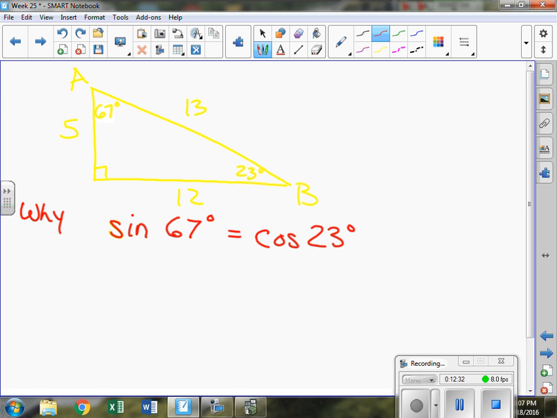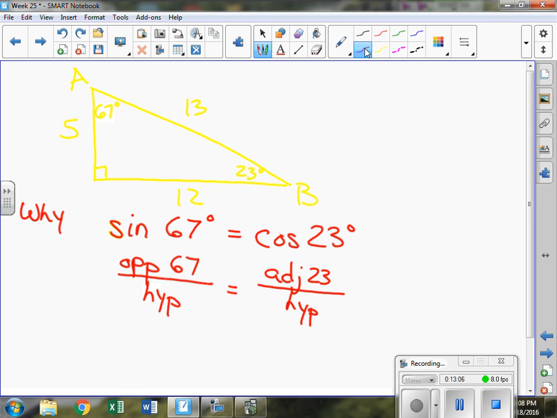What is the sine of 67? Not using a calculator, using this diagram. Well, how do you get the sine? Sine is opposite over hypotenuse. Cosine comes from where? Adjacent and hypotenuse. So we'd have the adjacent side of 23 degrees over the hypotenuse.